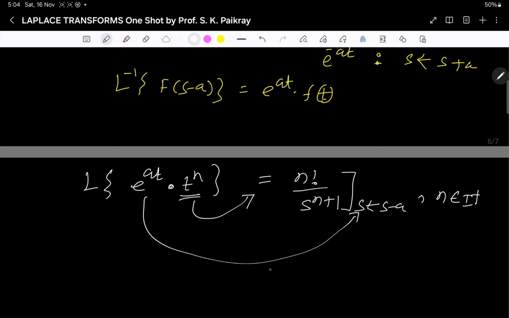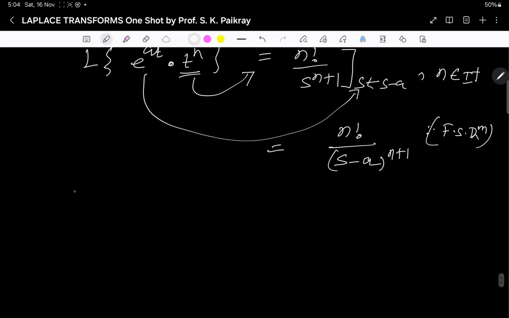So this will be n factorial by (s minus a) to the power n plus 1. This is because of the first shifting theorem. Okay, so likewise, if I ask you what is the Laplace transformation of a to the power t sin t, then a to the power t will play the role of e to the power.